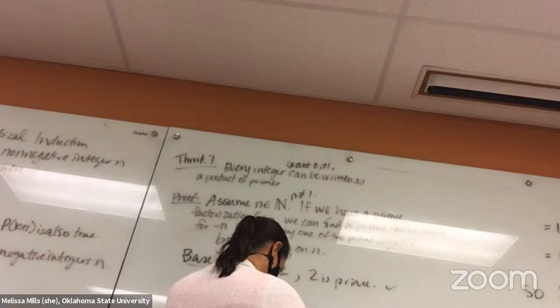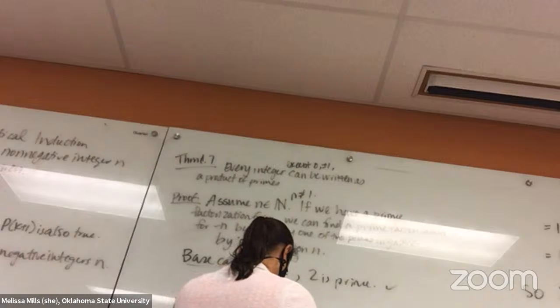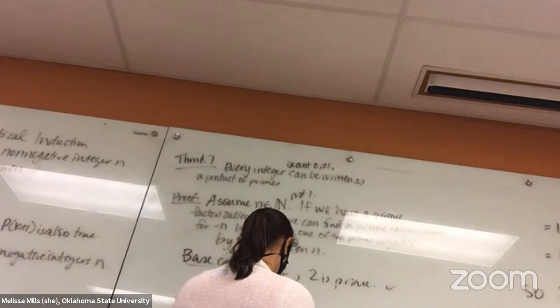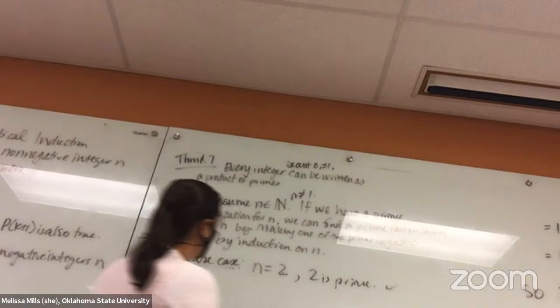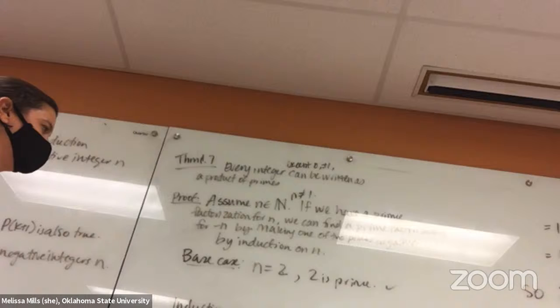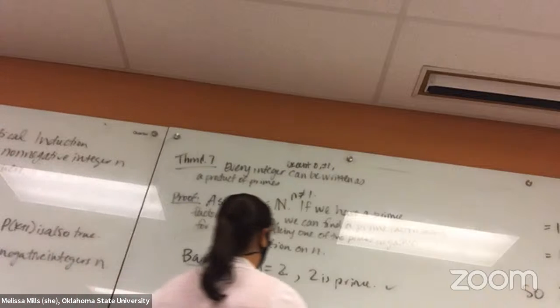We're going to assume n can be written as a product of primes. Oh, no, wait, is it the other way around? Do we do this by contradiction? Okay, we'll do it by strong induction, actually.